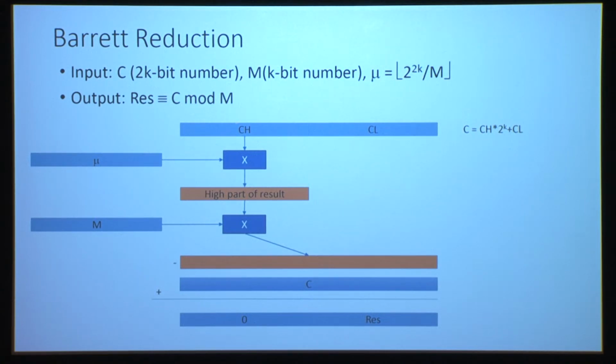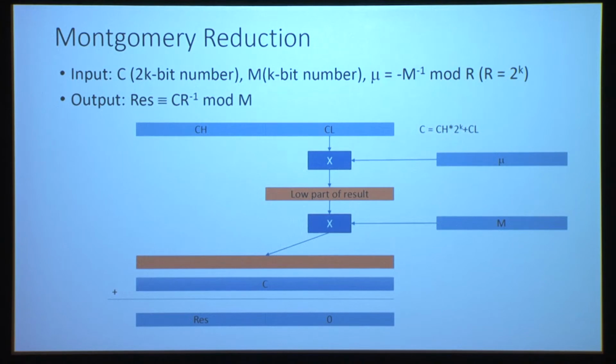But again, in the critical path, you have 2 large multiplications. Yes, the first one is a little simpler than this one because you only need the high part of the result. You don't need the entire result. And in Montgomery, you only need the low part of the result. You don't need the high part.